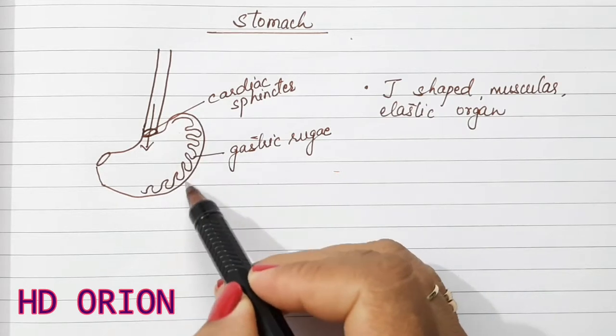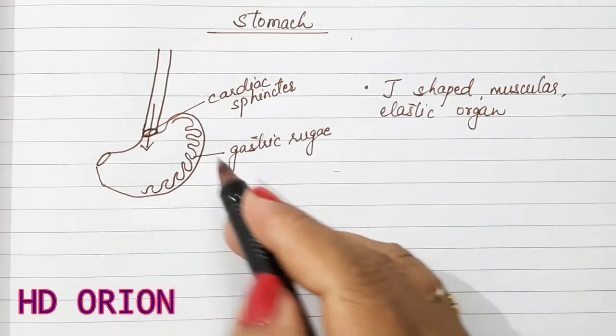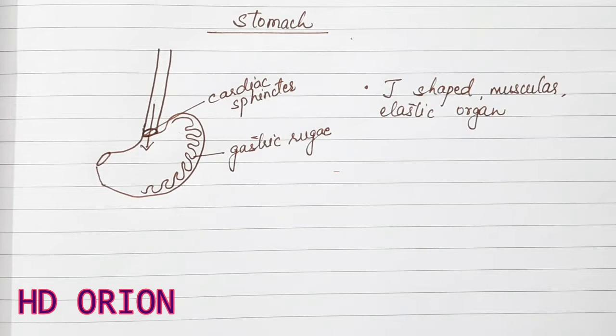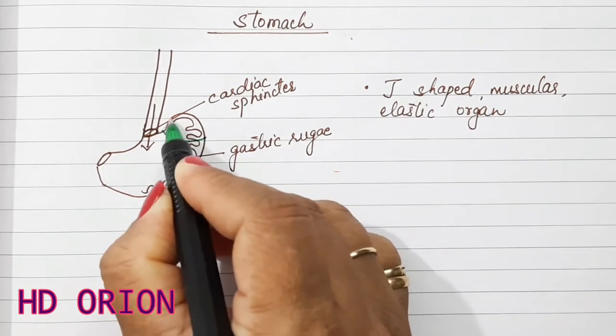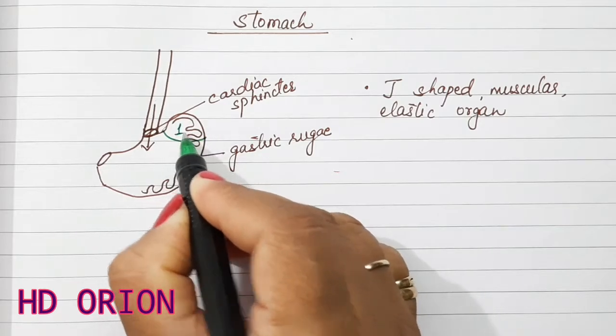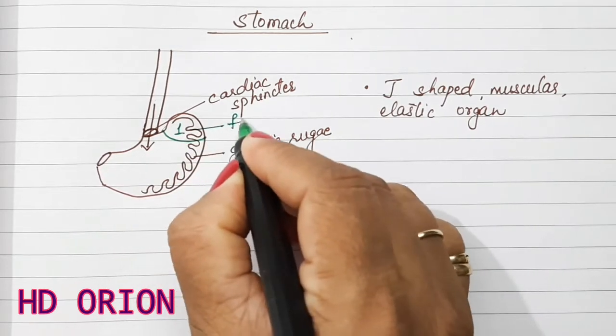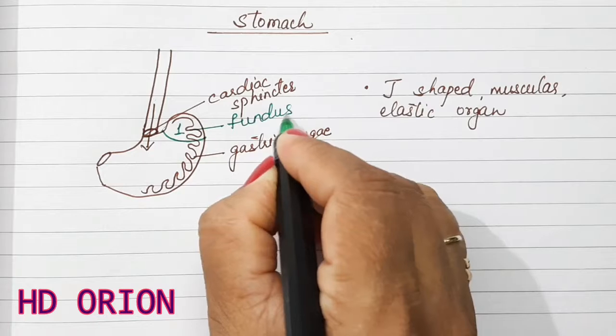The stomach has basically 3 parts. The part above, this elevated dome-shaped structure which I have labeled as 1, is known as the fundus.